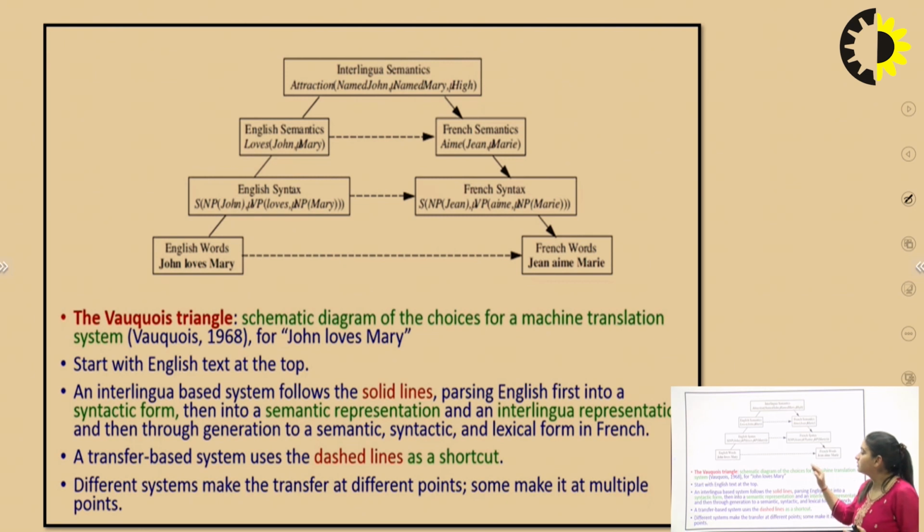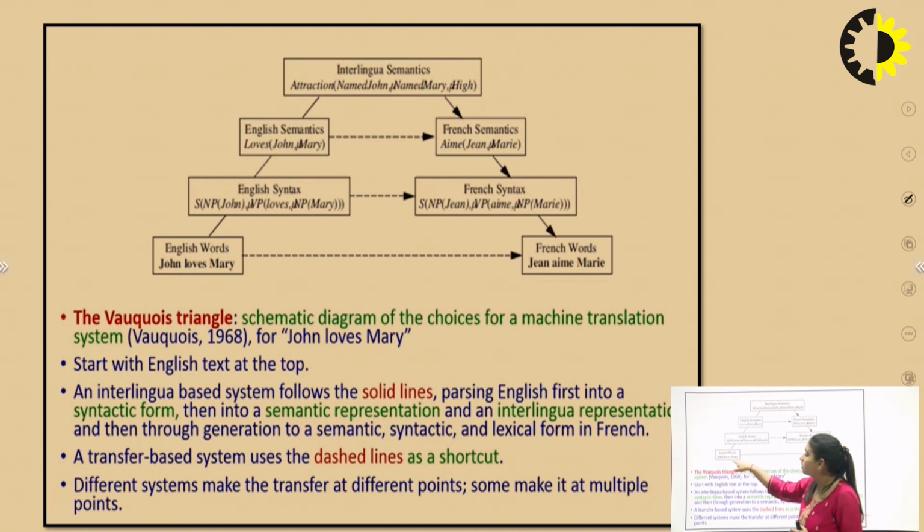These are the levels here. Firstly, we convert these English words to the English syntax, and then English semantic, and then interlingua semantic, and then French semantic, and then French syntax, and then French words. So these are the levels, and we are following these steps in this way.